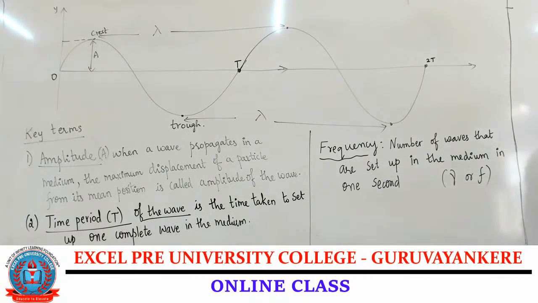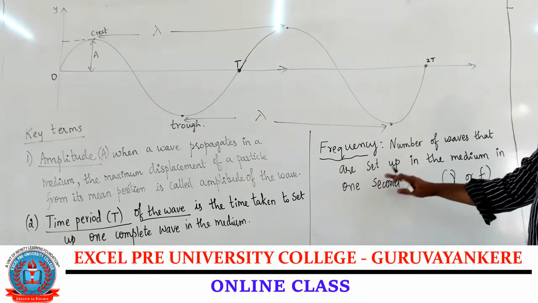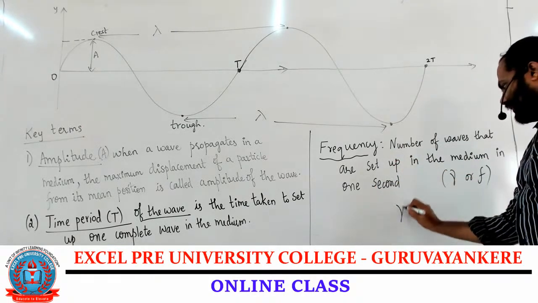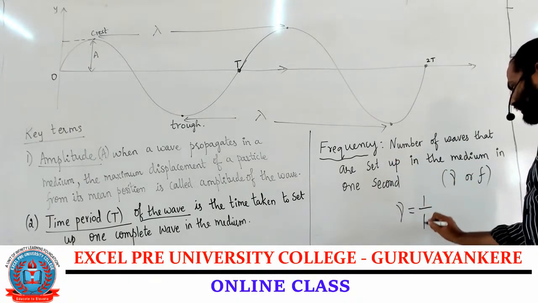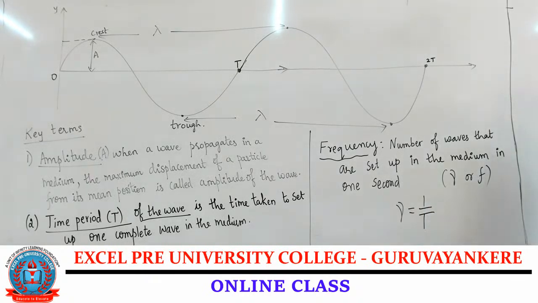Nu or f we write. Okay, so time taken to set up one complete wave in the medium is the time period. The number of waves that are set up in the medium in 1 second is the frequency. So the relation between frequency and time period is always nu equal to 1 by T. The SI unit of frequency is per second or hertz.